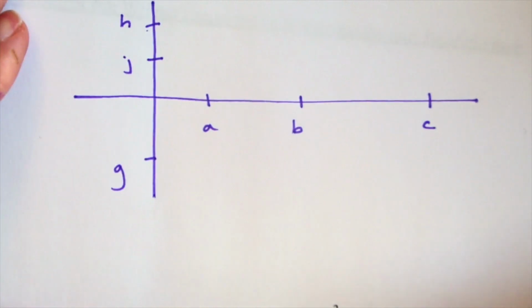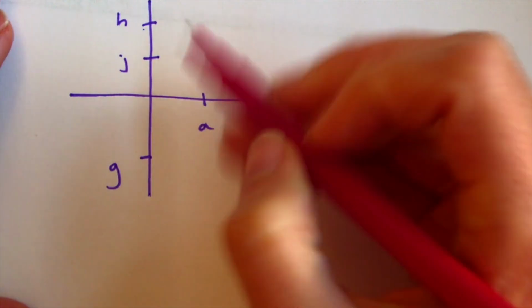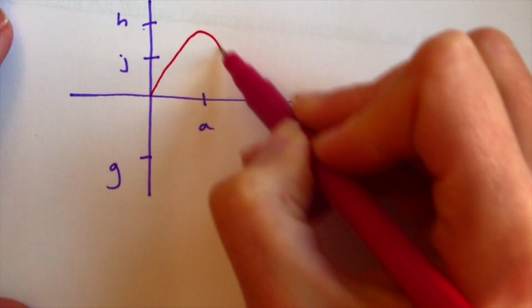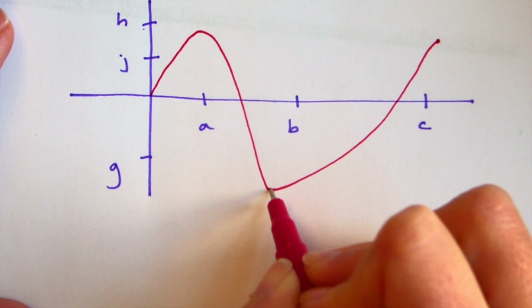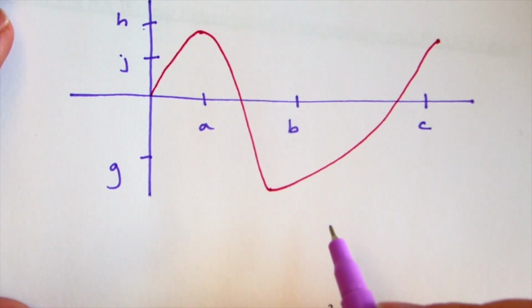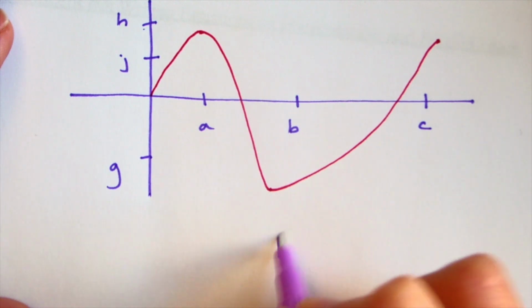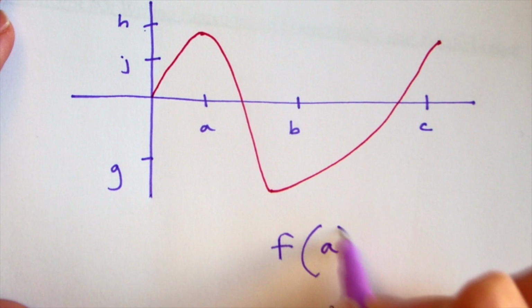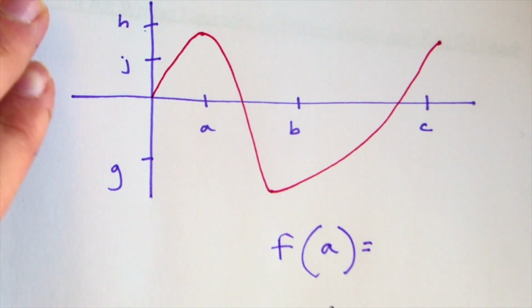It will definitely show up on your final unit exam as well. Okay, so say we have some sort of function that looks like this, and you might be asked to evaluate, let's say, f of a. Okay, so same exact idea as the table.